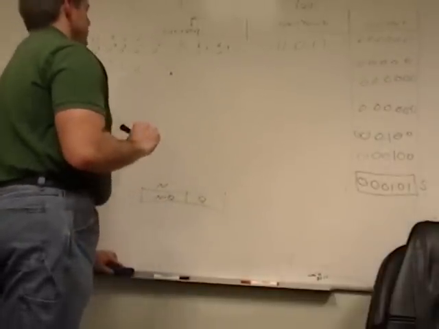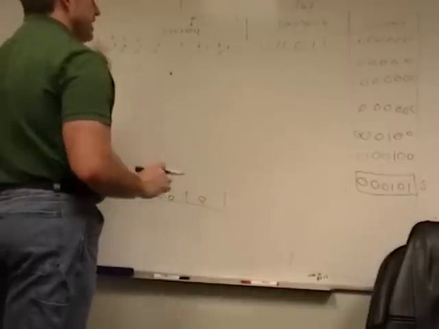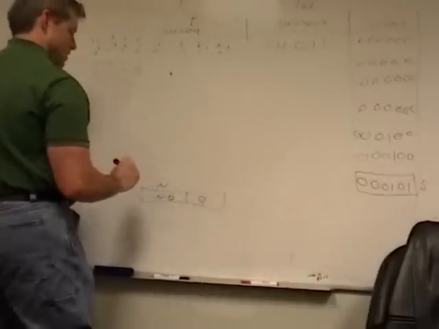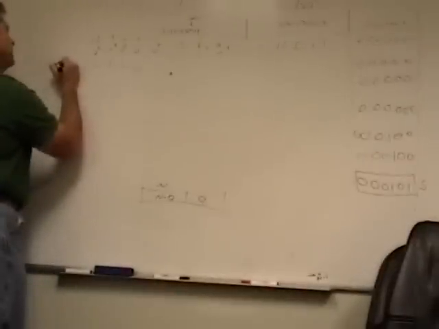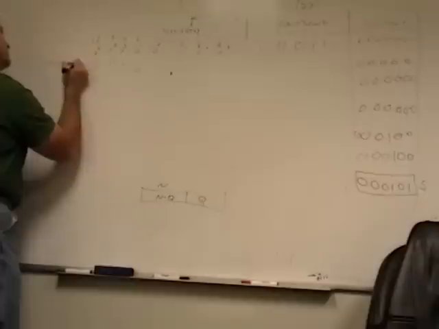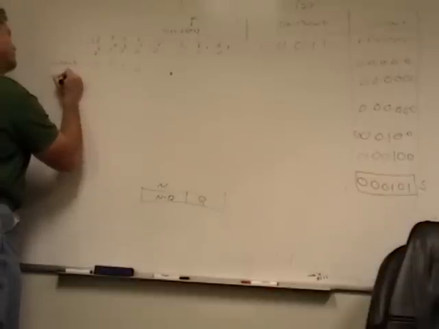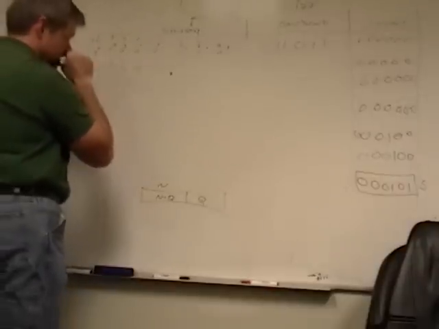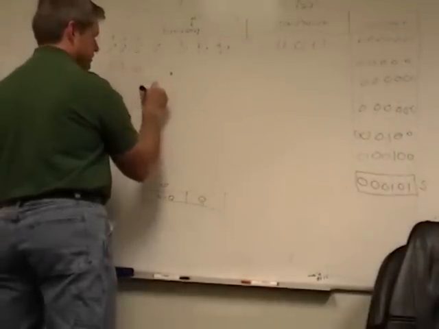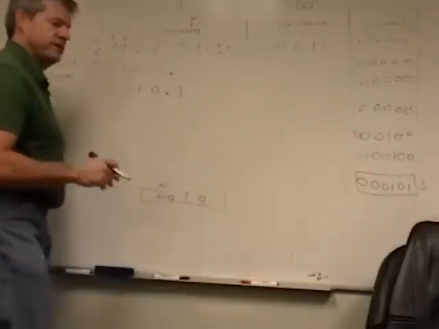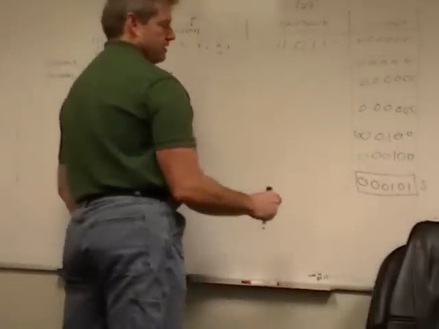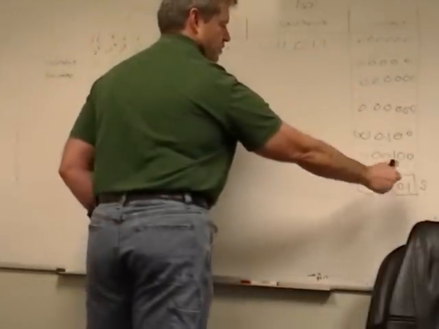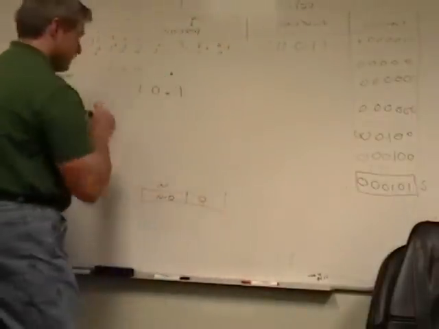And if I divided the dividend by the divisor, 1, 0.1, because in fixed point we assume everything's the same format, so this 1, 0, 1 also becomes a 1, 0.1.